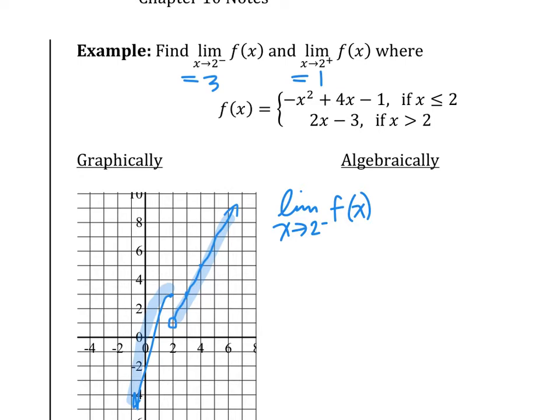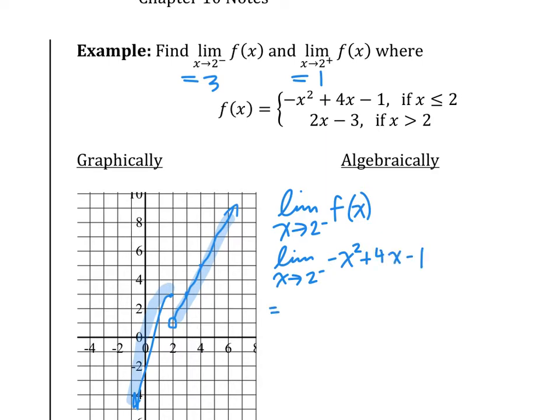First you look at the function and ask, is it going to be undefined at 2? If it is, we have to use the skills that we learned before. It is not, so we're just going to put it in. So f of x is this function when it's coming from the left.